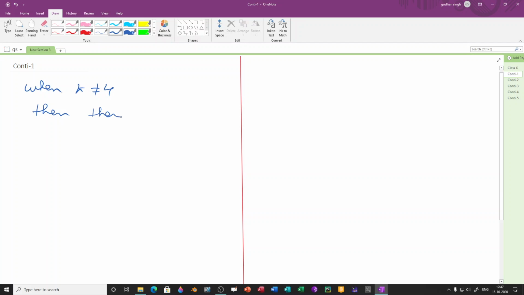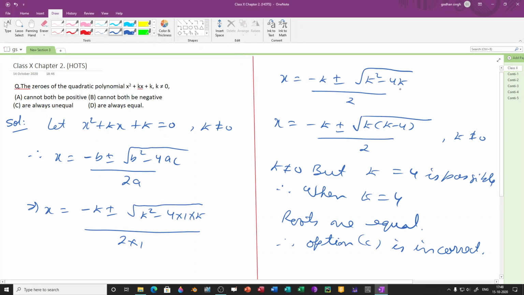Because k square minus 4k will not become 0, it will be non-zero, and so we have two distinct roots, because k is not equal to 4.